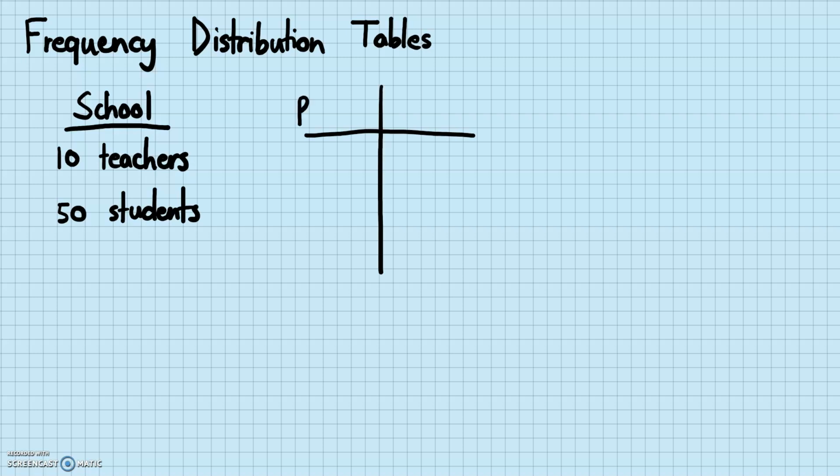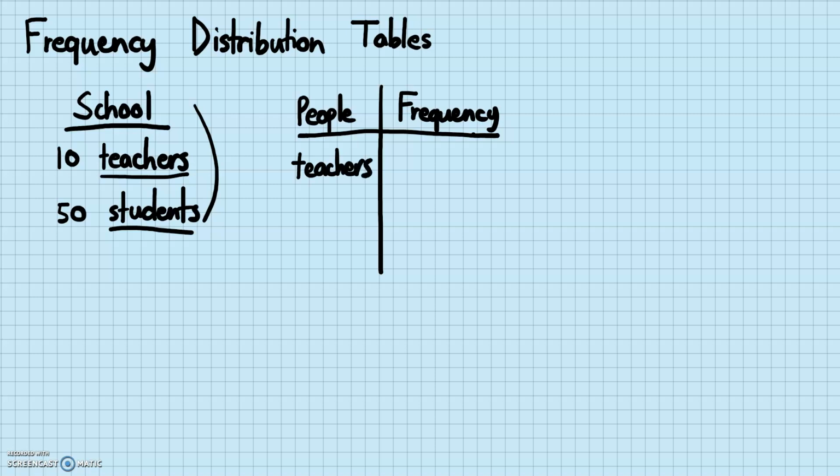We can say people over here and frequency over here. By people, I mean the different kinds of people in the school. If you look at our data, there are two kinds of people, teachers and students. So under people, we're going to have teachers and students.